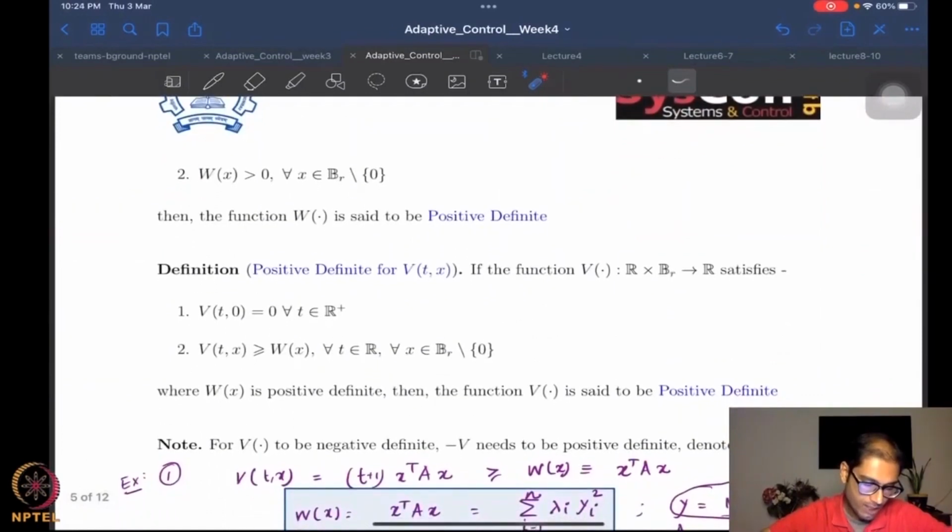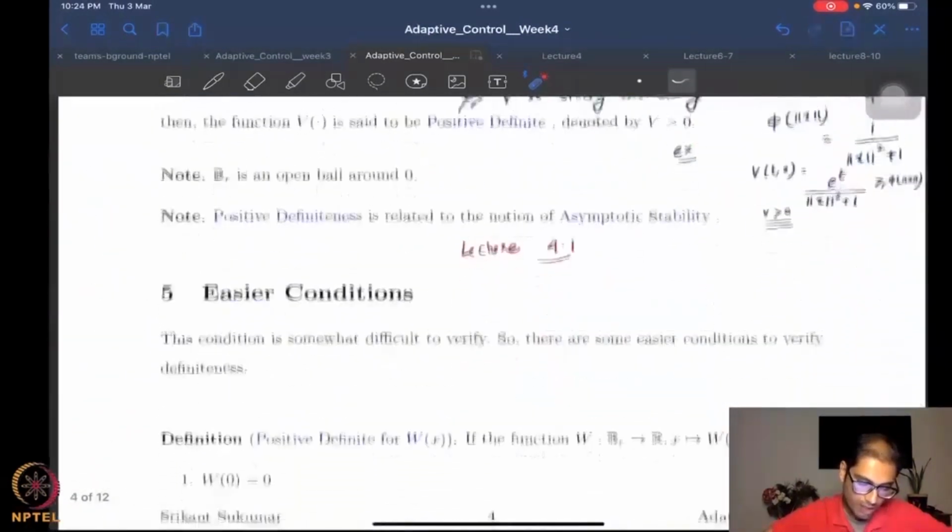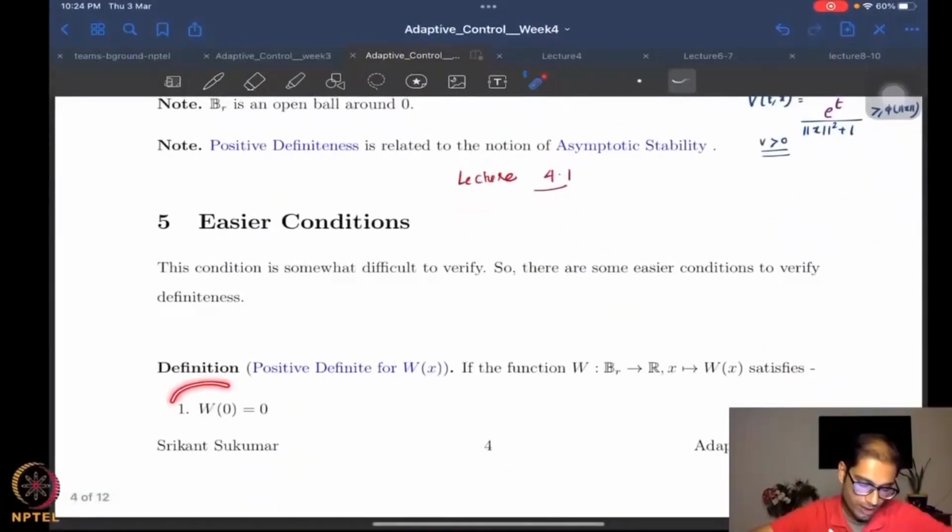If you look at the first two conditions, you require the same first condition, that the function itself be 0 when the state is 0. There's no difference there. This is pretty much uniform along all definitions concerning Lyapunov functions. Why? Because 0 is where we are interested to go.